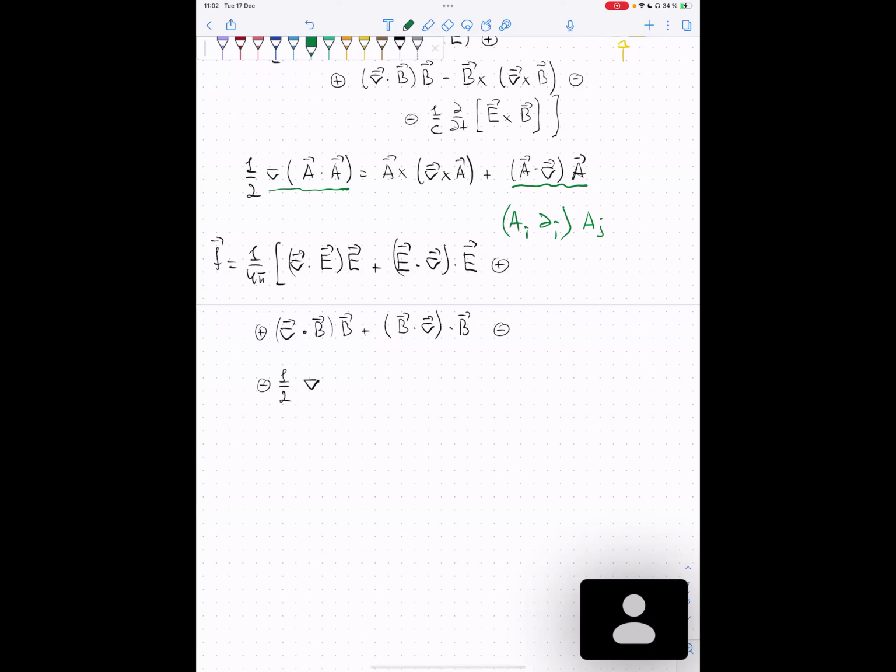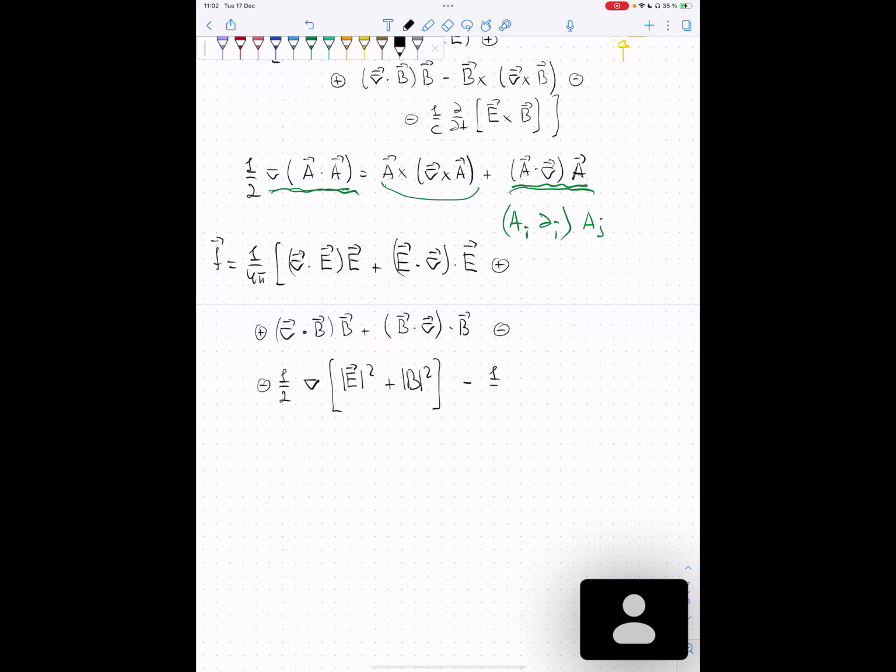Right now I'm writing this part of the expression. This is the gradient of E squared plus B squared.